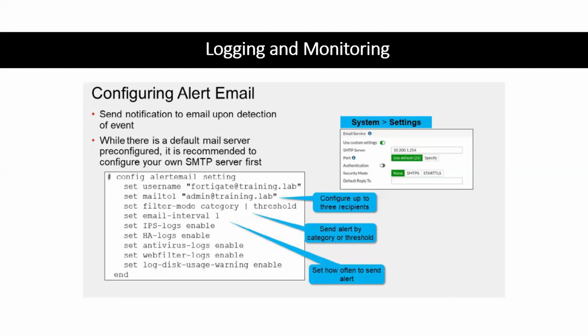You have the option to configure an alert email to send events, notifying all the administrators that have access to and are administrating the firewalls. Of course, you work with your Exchange team, your Office 365 team, experts familiar with mail service.